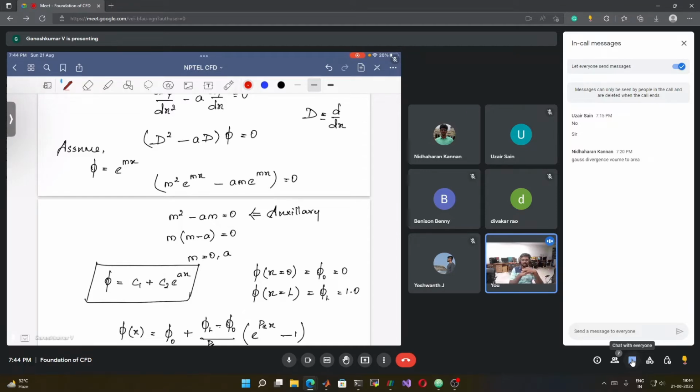I mean, any solution can be expressed in terms of exponential terms. That's the basic mathematical principle that comes into picture. Okay, that's how this auxiliary equation comes.